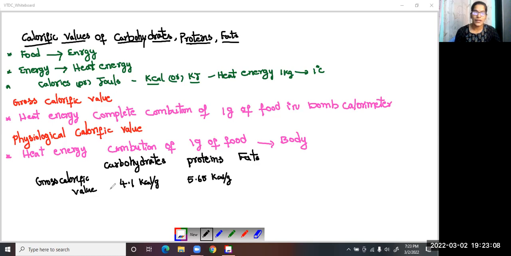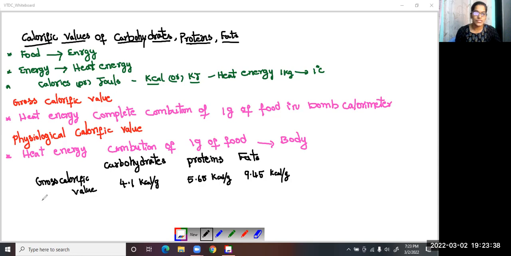And the gross calorific value for fats is 9.45 kilocalories per gram. So by the complete combustion of 1 gram of fats in the bomb calorimeter, 9.45 kilocalories of energy is released.